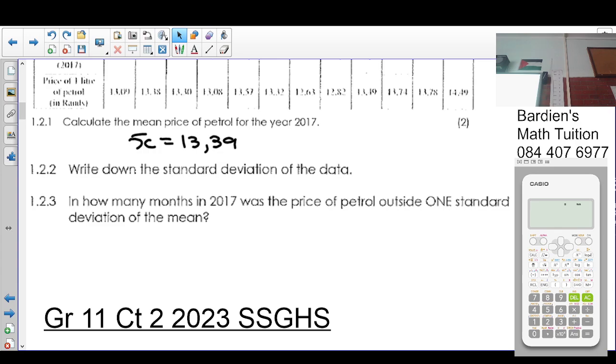Normally we press shift 1, then variance, which is 4, and then 2 for standard deviation. For some reason or other, I think I cleared the calculator. Sorry. So your standard deviation works out to be 0.47. Okay, as you can see, the standard deviation is very, very small, which means all this data is close to each other. The range is not that large.